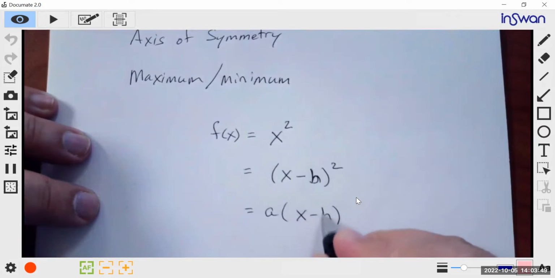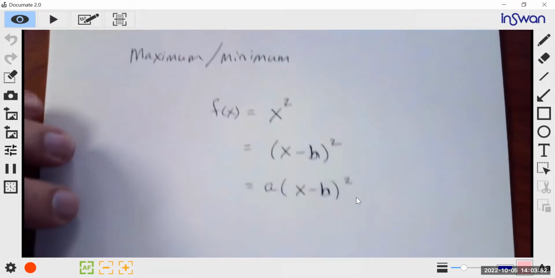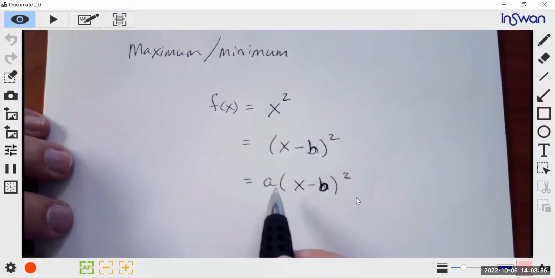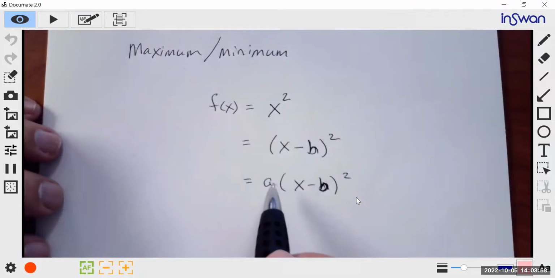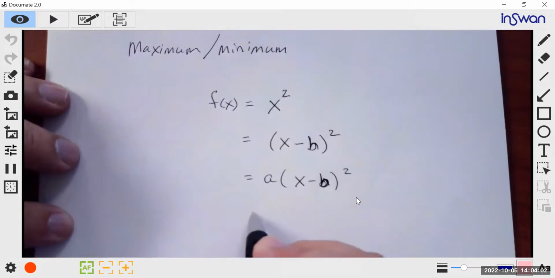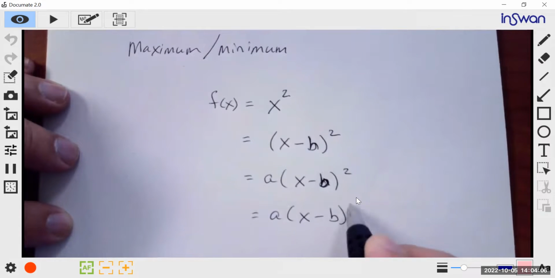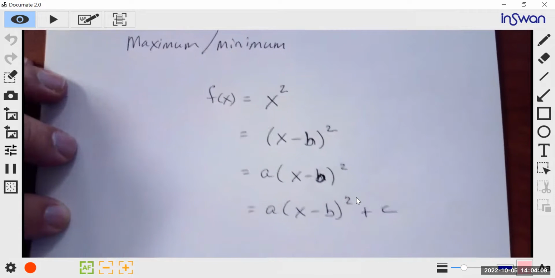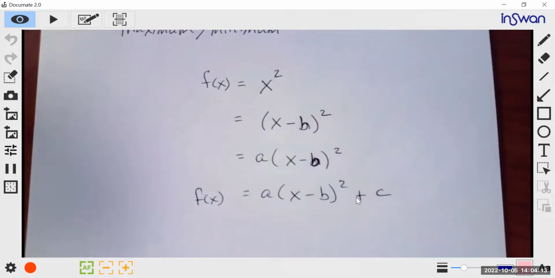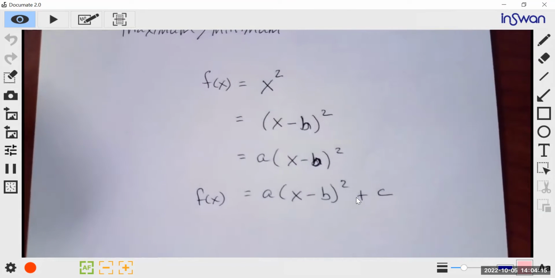We're used to using b. What is a? What does the leading coefficient do? It's the vertical shrink or stretch. So these are the things that we're going to deal with when we do transformations for quadratic equations.